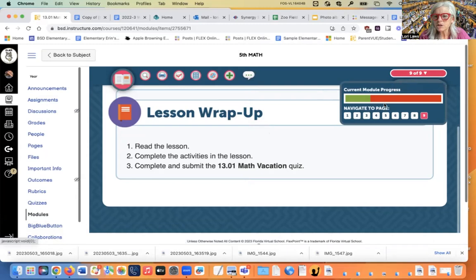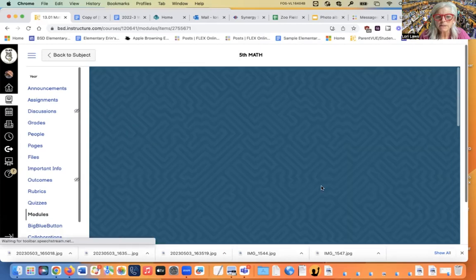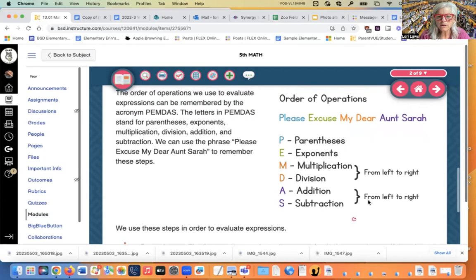So that was page, I think page 4. Oh no, maybe it was page 2. Actually, that had PEMDAS. No, oh yeah, there it is. I don't know why. If it were me, I'd probably go ahead and take a screenshot of it so that I could have it handy on my computer and remember it. So now I've got it right here.